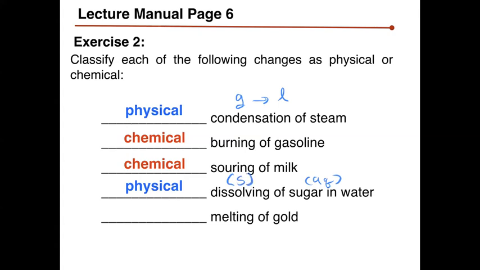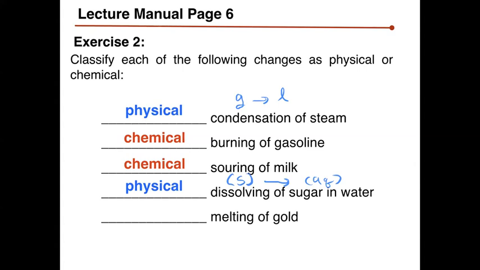Once it's dissolved in water, it becomes aqueous, which means it just mixed together with water uniformly. In this case, we consider it a physical change because sugar before you dissolve in water is sweet, and after you dissolve in water, it's still sweet, right? It still has the same chemical property. So this is only a physical change.